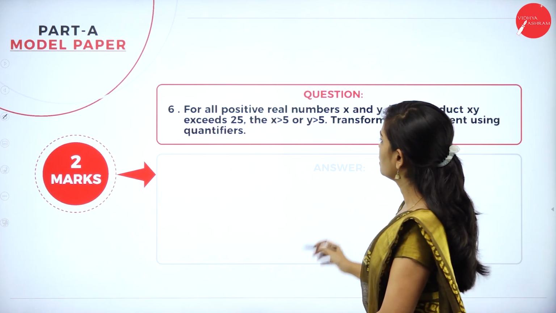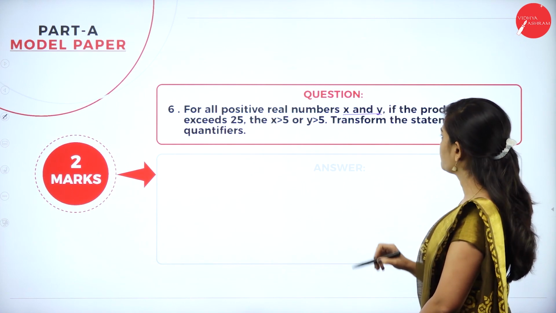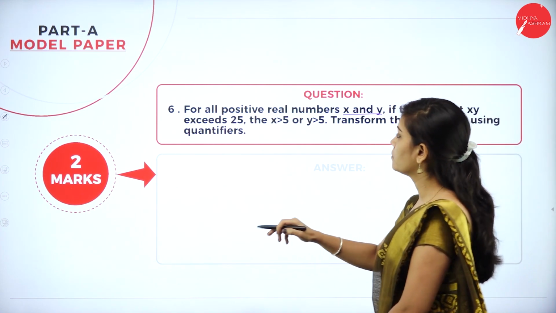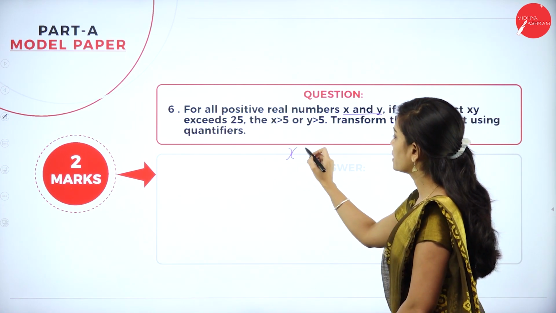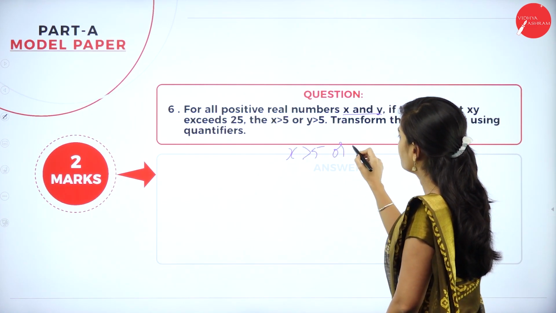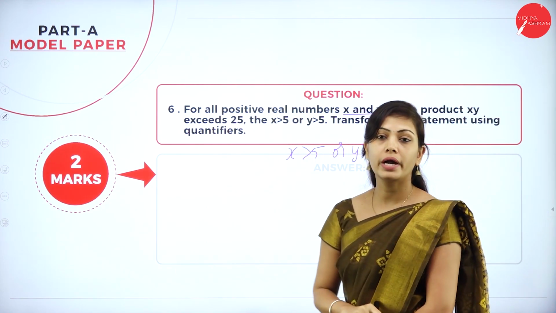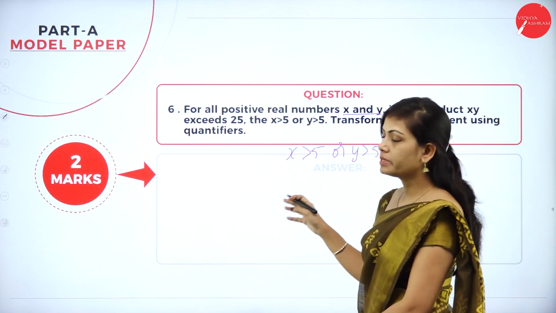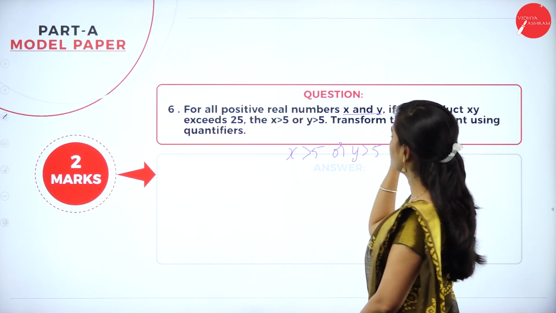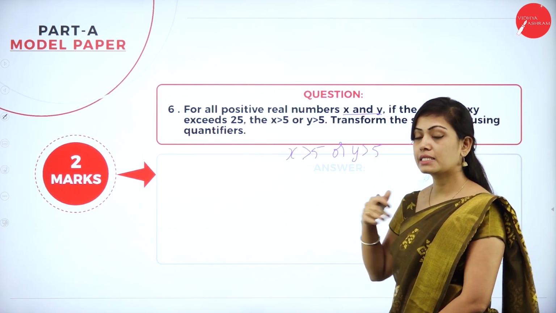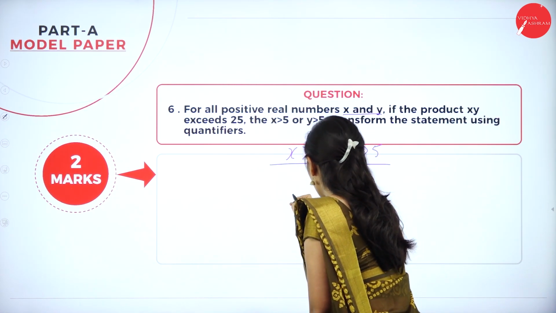And the next question is question number 6. For all positive real numbers x and y, if the product xy exceeds 25, then x is greater than 5 or y is greater than 5. Transform the statement using quantifiers. This problem is in mathematical logic. So here we have a statement: if the product xy exceeds 25. You have to write the steps.